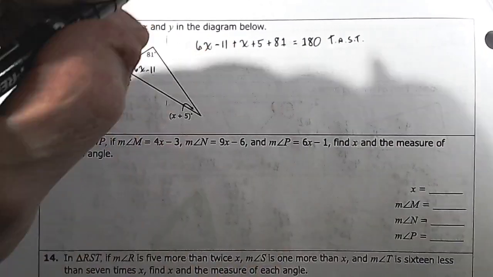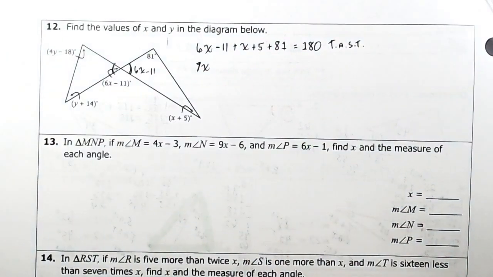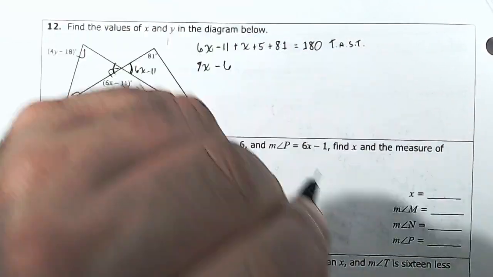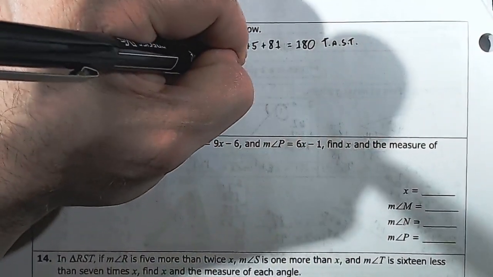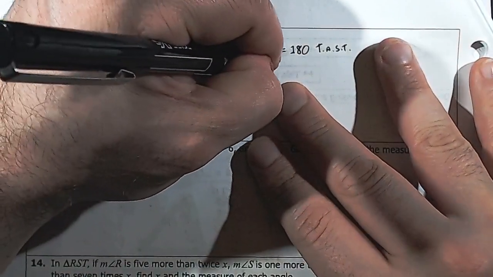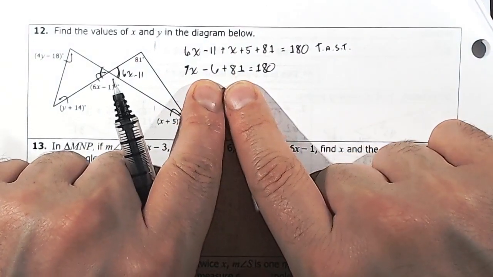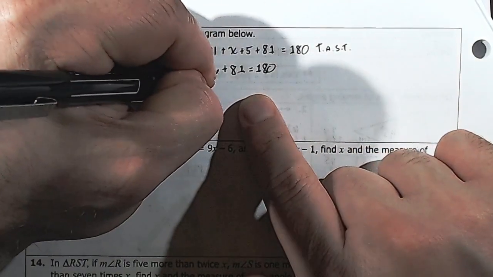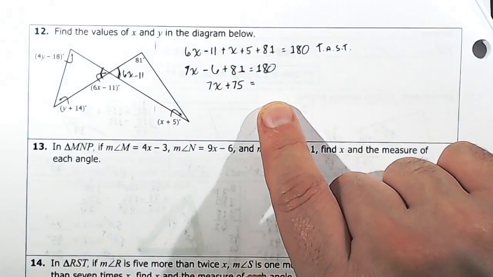I've got 6x and x for 7x. And negative 11 and 5 gives me negative 6, plus 81. I guess I should have done that. Just made myself an extra step. Equals 180. All right, so now I have to combine these two. So 81 minus 6 is 75. So 7x plus 75 equals 180.